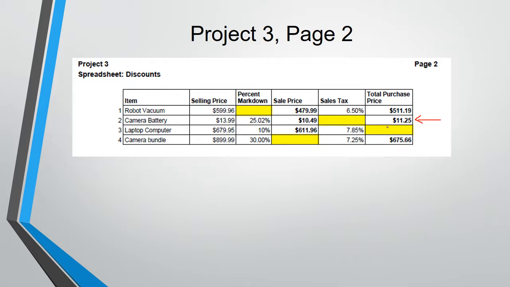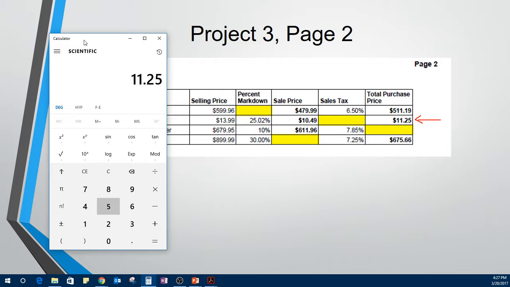So the total purchase price minus the sale price, let's plug that into a calculator, 11.25 minus 10.49, so we get 76 cents. That is how much we spent in tax.